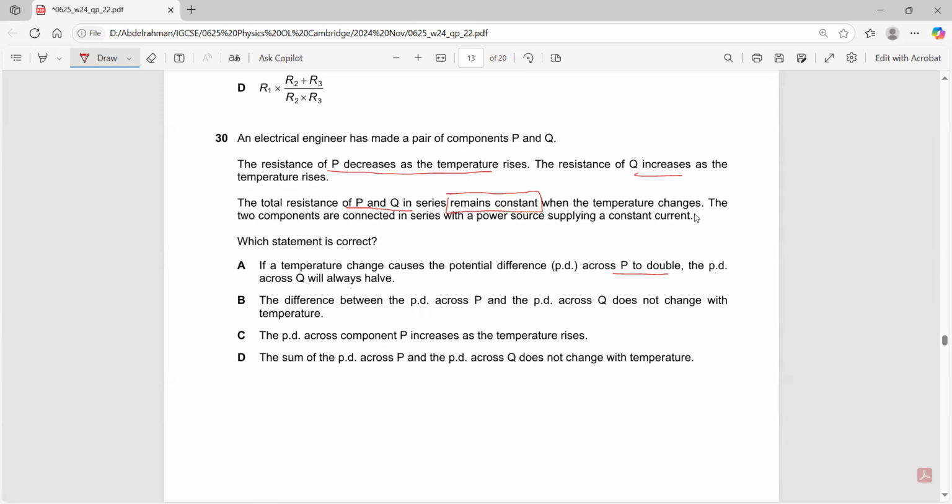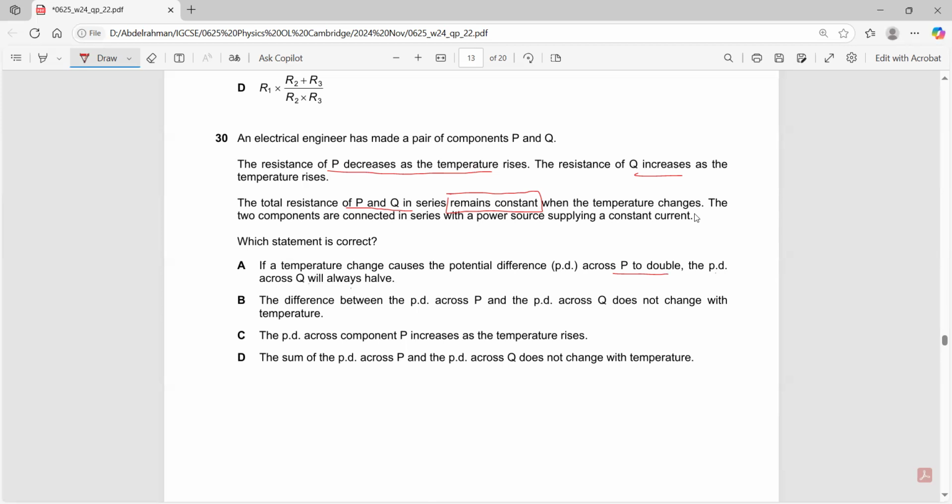There may be one very rare case at which if it's doubled the other one would be halved, but other than that it wouldn't be halved.